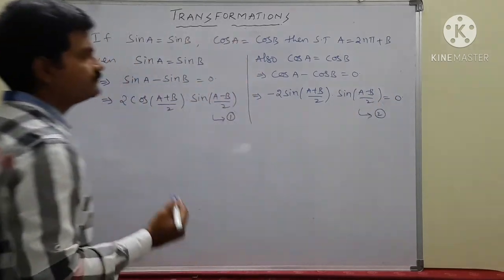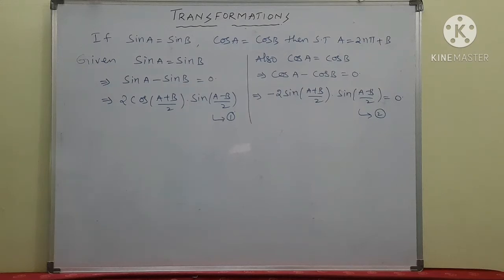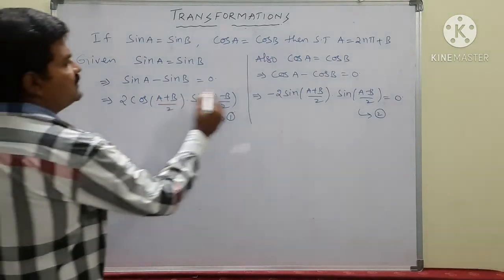Let it be equation number 2. So we just applied the formula of sin C minus sin D and cos C minus cos D. So finally we got equation 1 and equation 2.